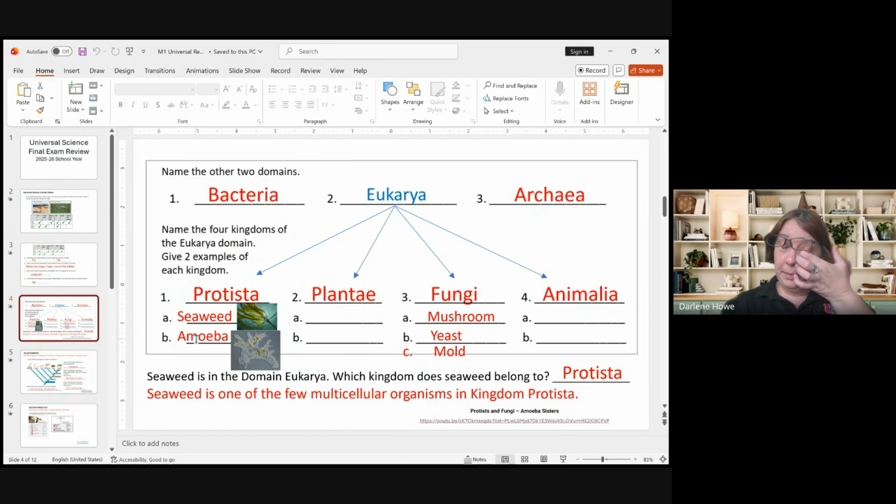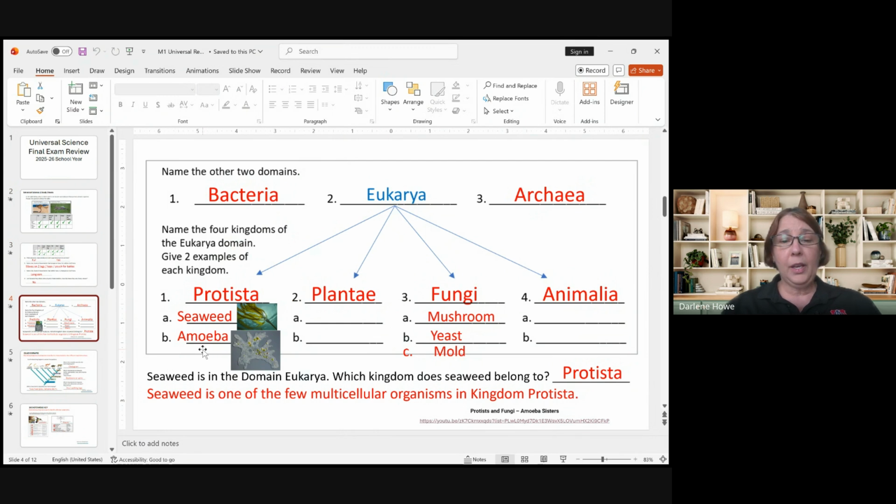Amoebas are little unicellular eukaryotic cells. There are really good videos on the internet, the Amoeba Sisters. They talk about all different scientific topics, and they are excellent, very detailed. So the Amoeba Sisters are really good. But amoeba, you may have heard of amoeba.